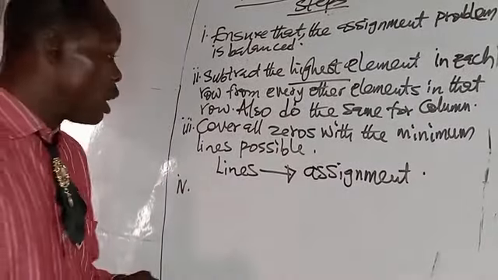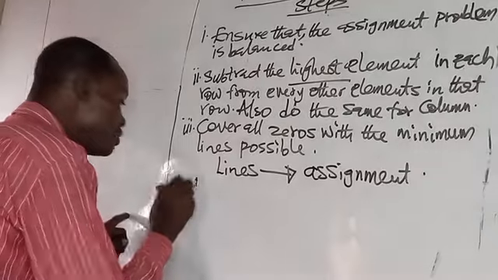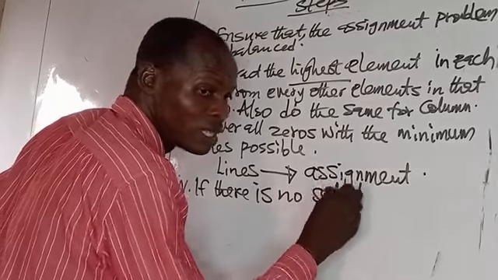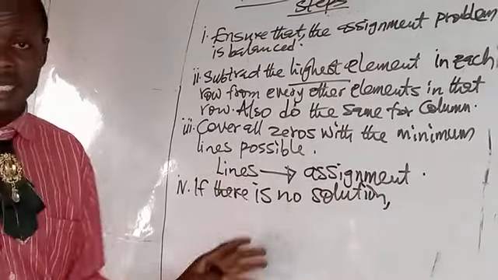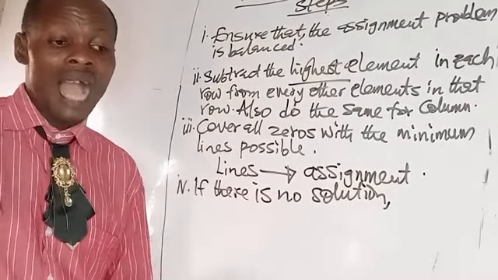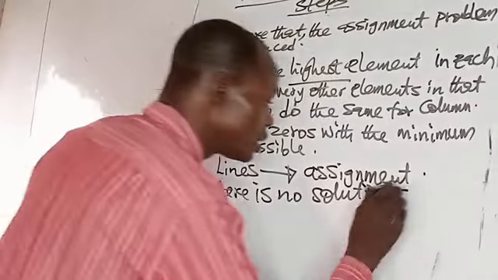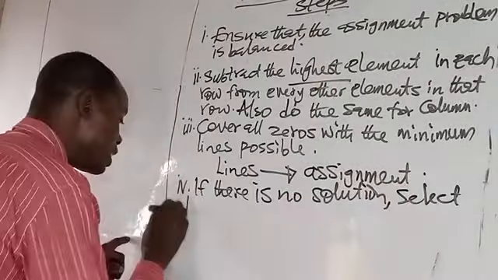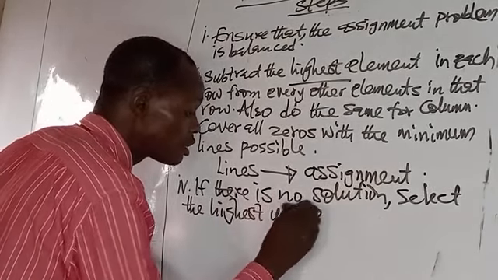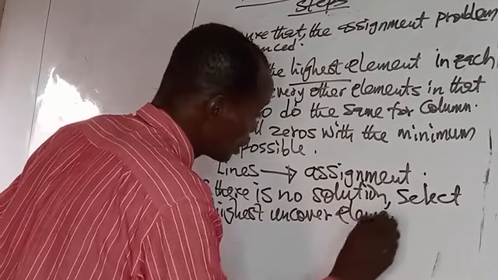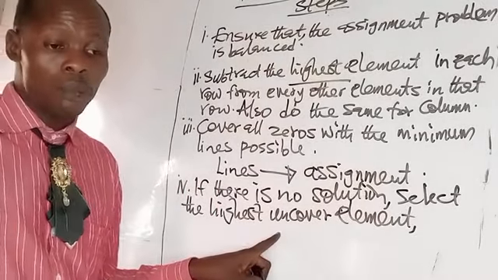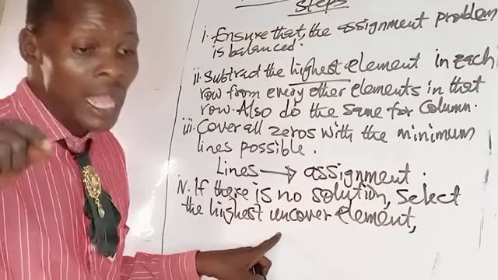Step 4. If there is no solution, that is, if the number of lines is not equal to the number of assignments, select the highest uncovered element, not the lowest this time around. It is the highest uncovered element that will be used.